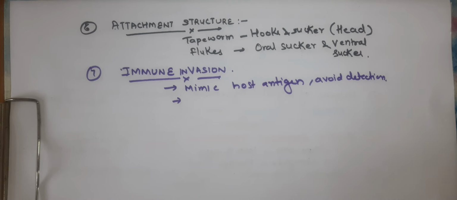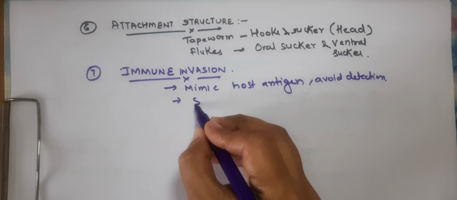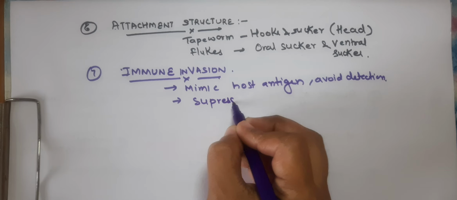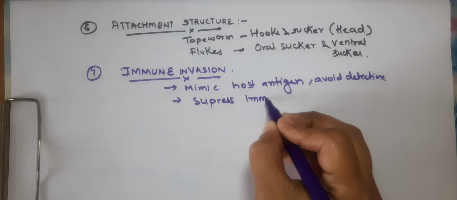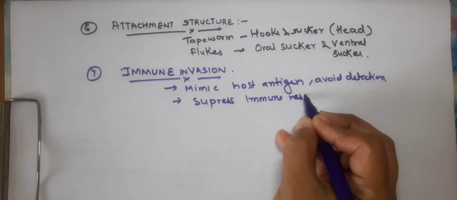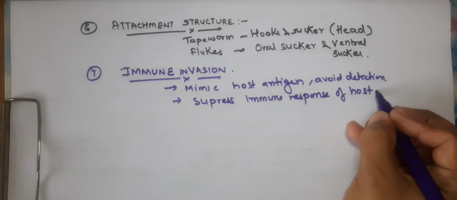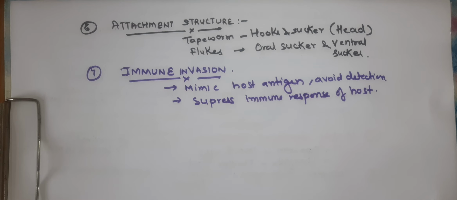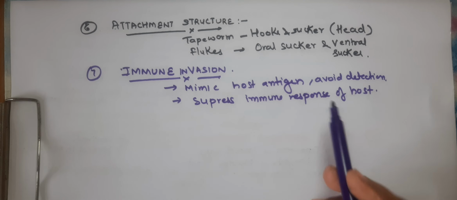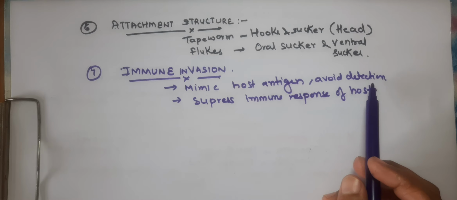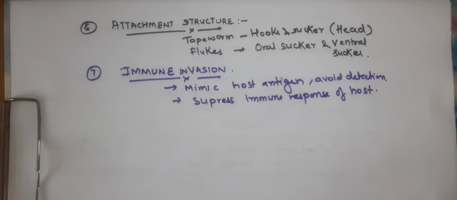And certain species produce substances that will suppress the immune response. So students, I hope it is clear to you that they have to evade the immune system of the host. They either avoid detection, or they suppress the immune response of the host.